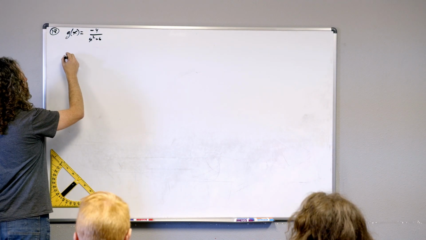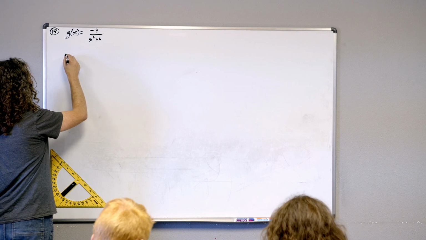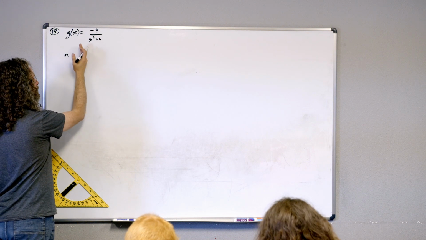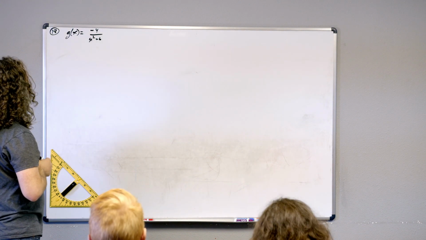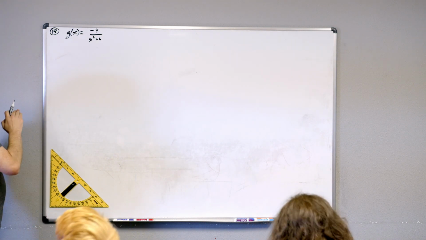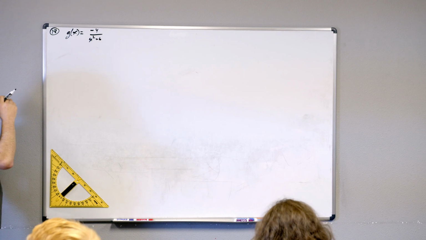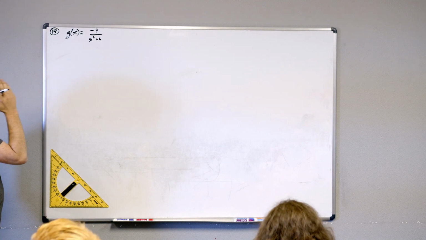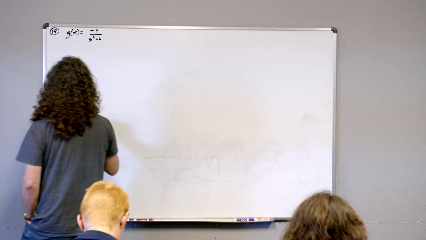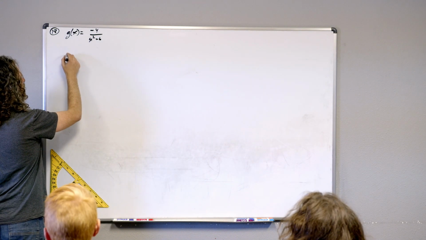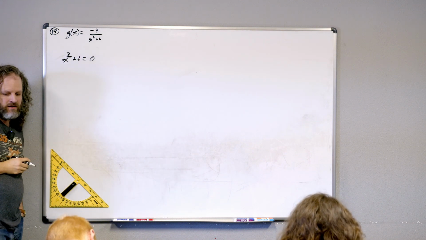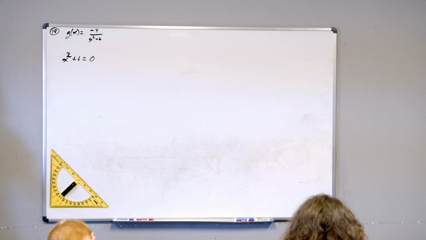Y'all keep messing me up saying y and x asymptotes. It's ruining my brain. So let's start with the vertical asymptote. How do we find the vertical asymptote? Set the bottom to 0. So x squared plus 6 equals 0. Oh no. What's going to happen?